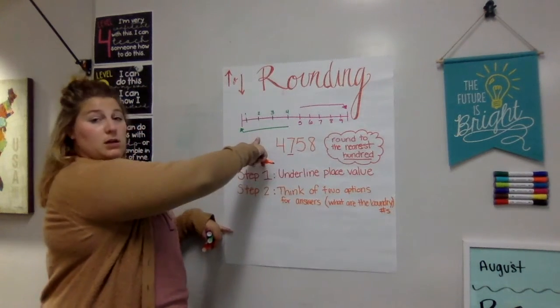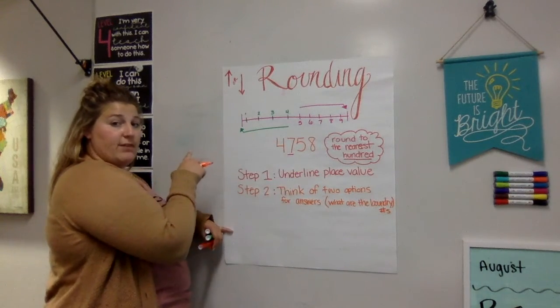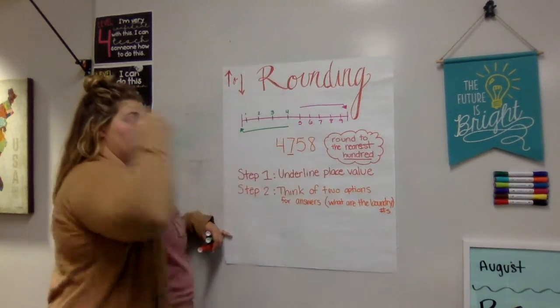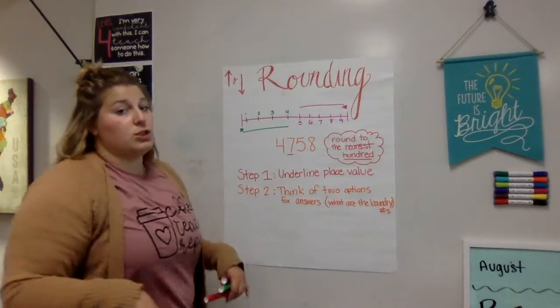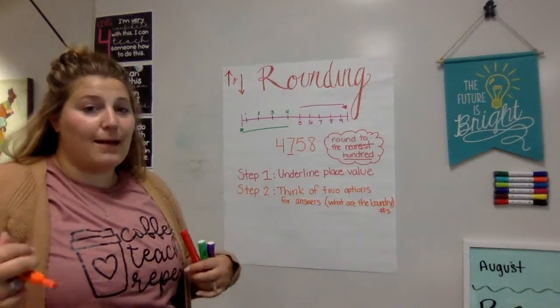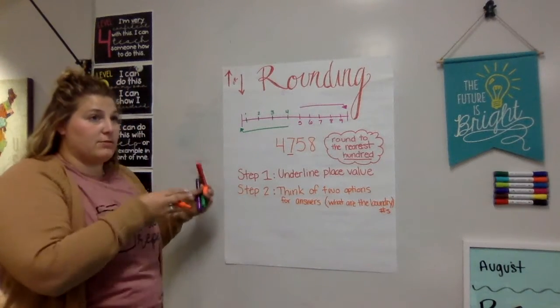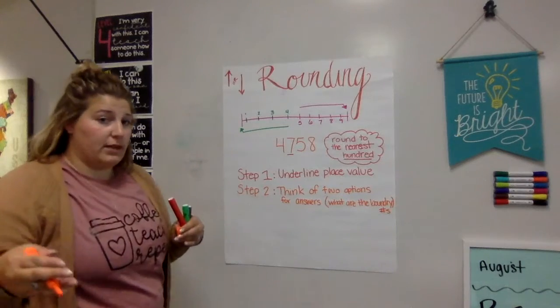If thinking on my number line, what are the boundary numbers for this? 4,700 and 4,800. Something I did mentally, just so I know there are no other answer options. So I know it either has to be 4,700 or 4,800.